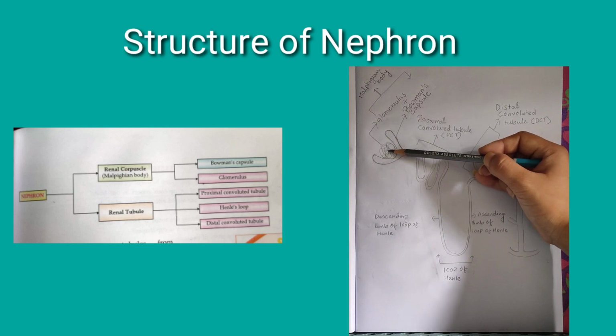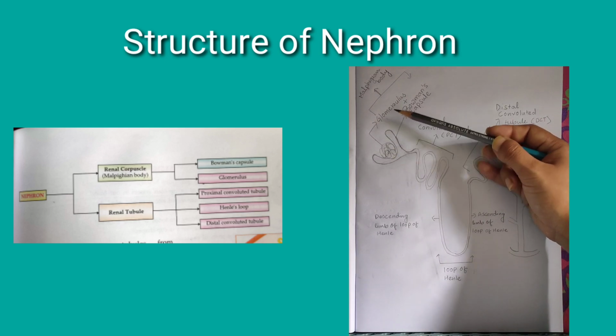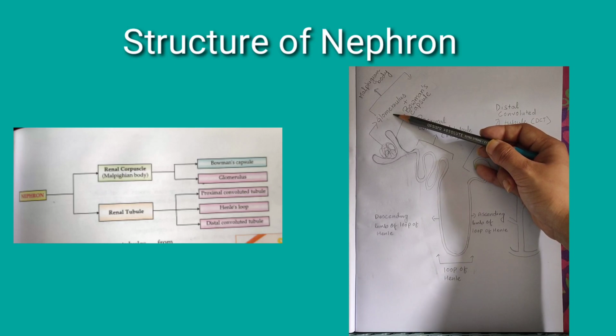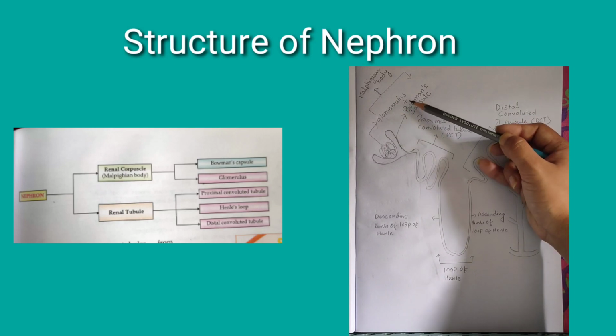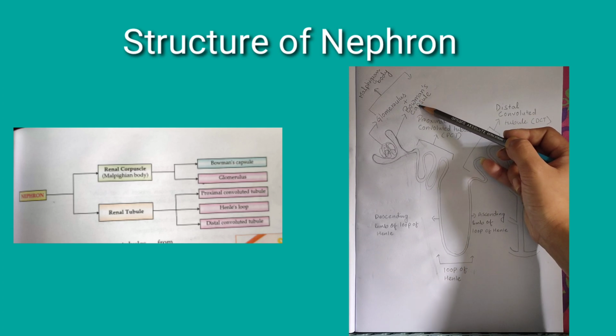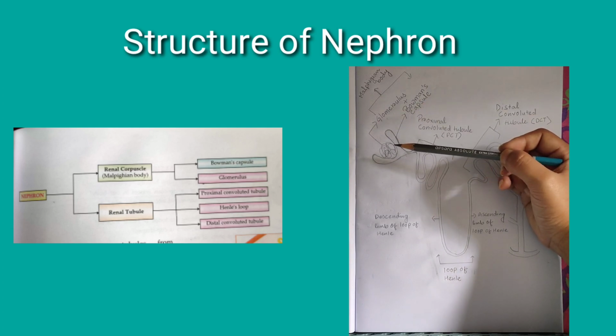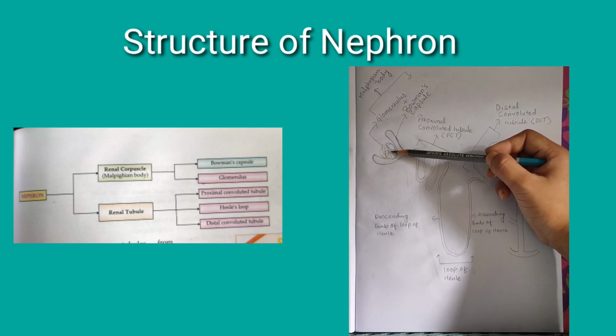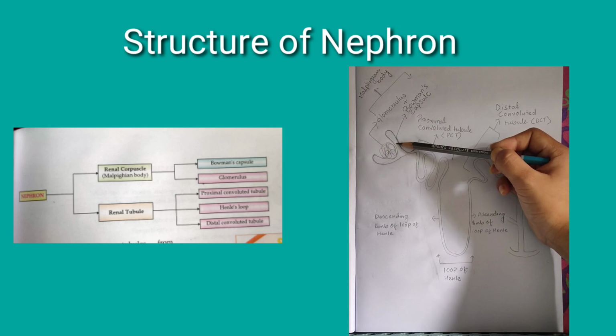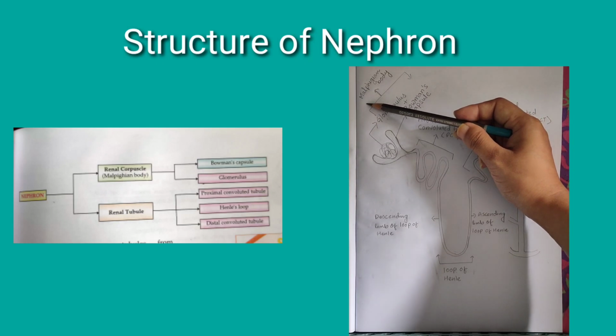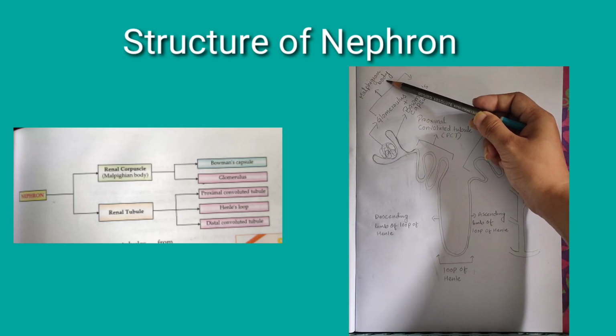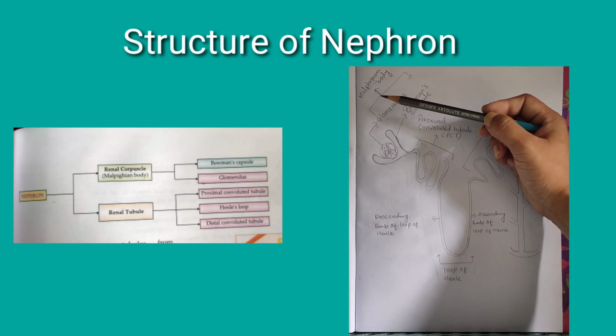Understood? The knot-shaped structure is the glomerulus and the cup-shaped structure is Bowman's capsule. Now, when we take the glomerulus and Bowman's capsule together, it is referred to as the Malpighian body or renal corpuscle.